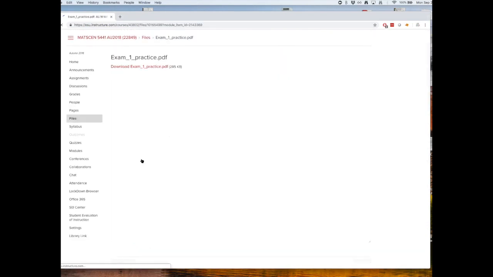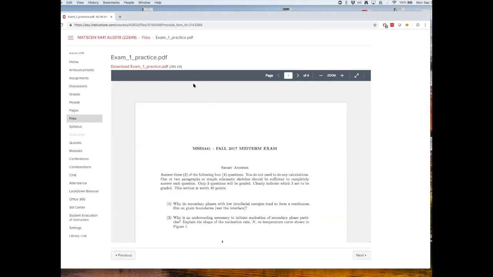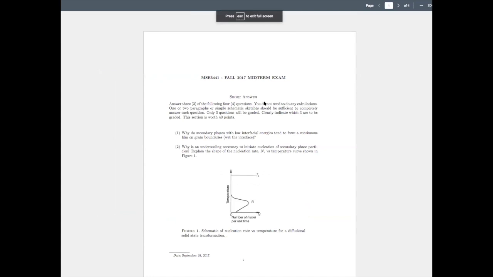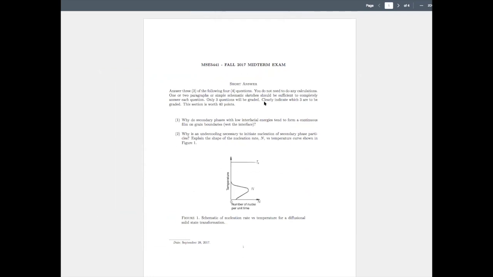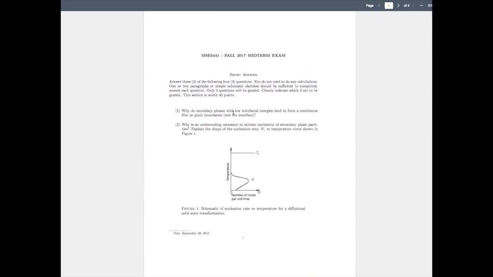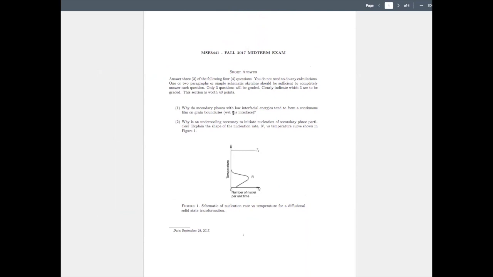I labeled it a practice exam, but it's not really a practice exam so much as it was actually just the exam I gave last year. So you won't see these questions, but it will be along the same format.